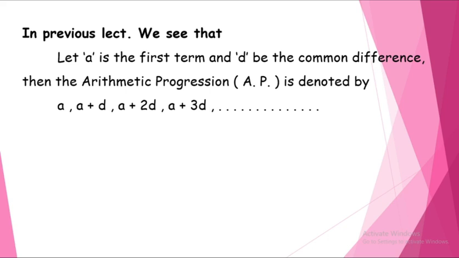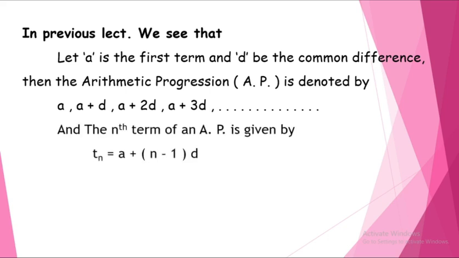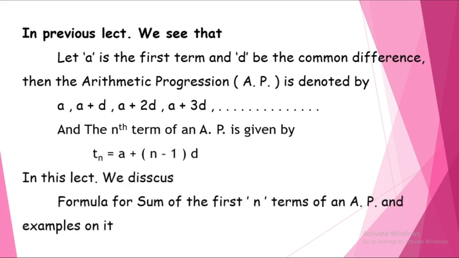And the nth term of an AP is given by Tn equals A plus n minus 1 into D. In this lecture, we discuss the formula for the sum of the first n terms of an AP and we solve some examples on it.